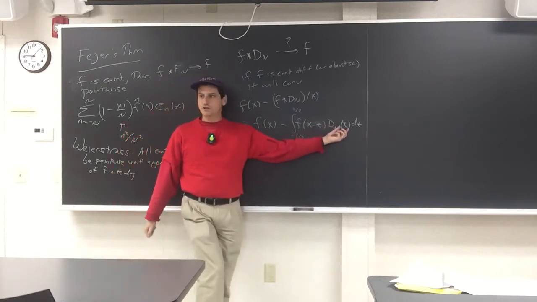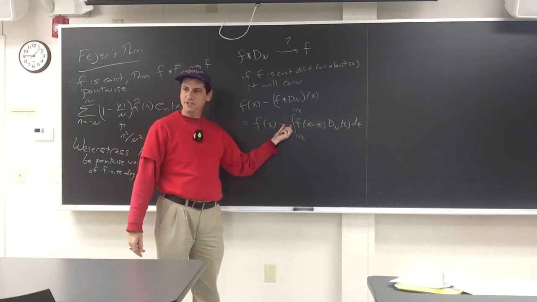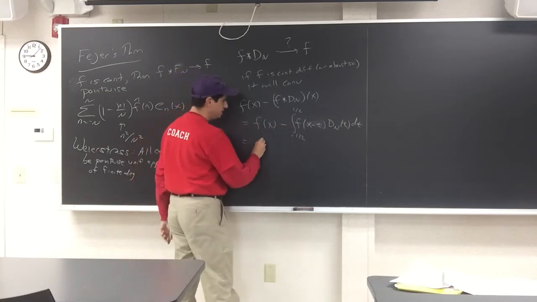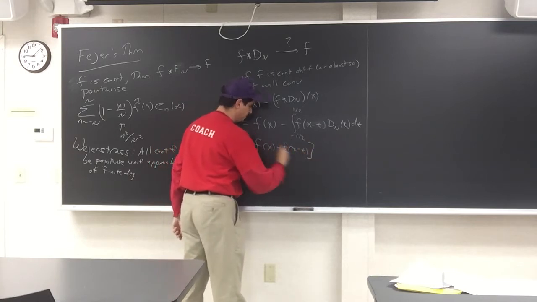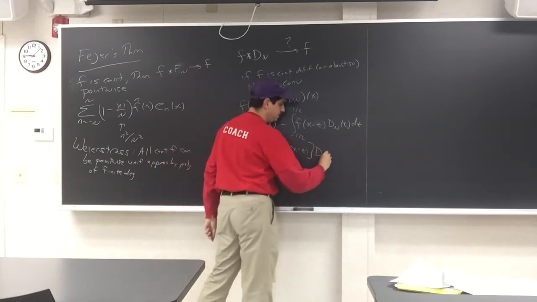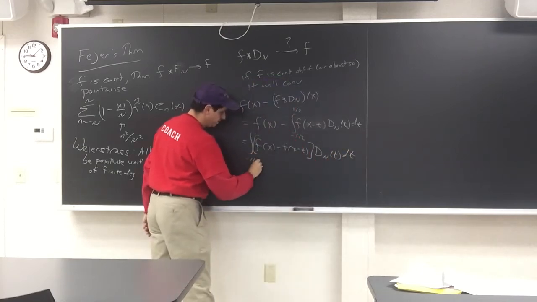And the Dirichlet kernel integrates to 1, so I can just multiply f of x by the integral from minus a half to a half of D_N of t dt. And so I'll just get the integral from minus a half to a half of f of x minus f of x minus t, times D_N of t dt.